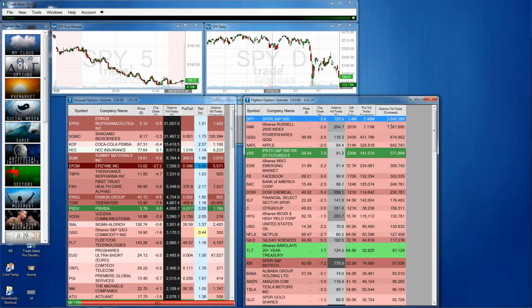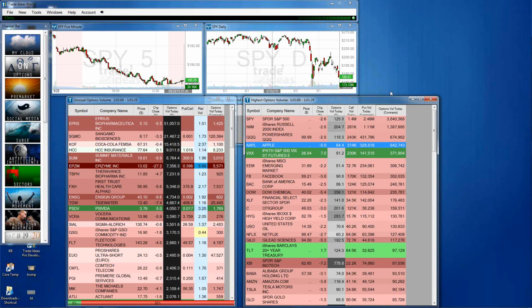So 3.8 million contracts traded today on the SPYs, 1.4 million contracts on the IWM, so forth and so on, Apple. Now, it's like saying a stock that has high volume, right? A stock usually does 500,000 shares a day, 1,000,000 shares a day. It's basically comparing the options contracts here, which might be good, and that might be what you're looking for.